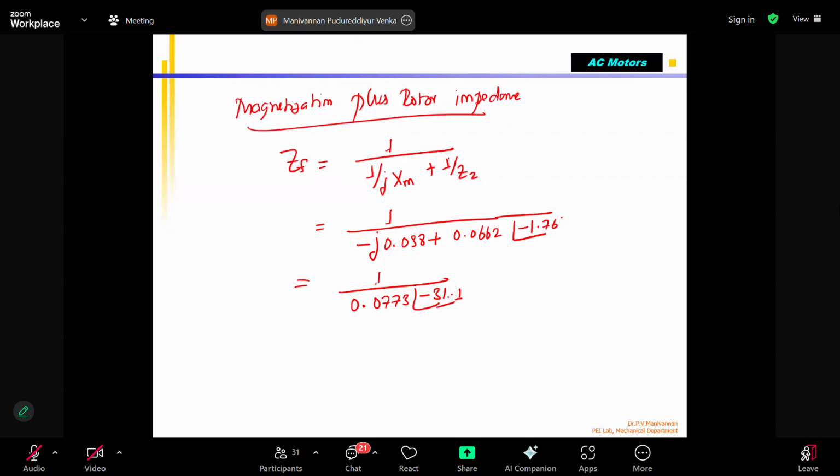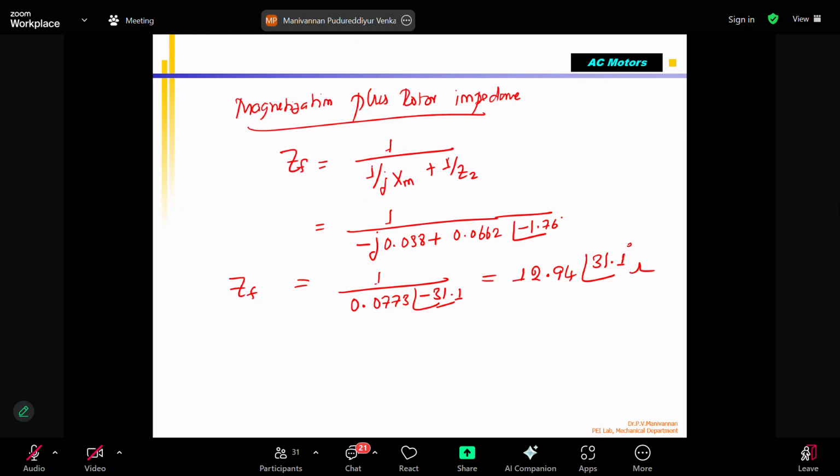Finally in polar form this is 12.94 with an angle of 31.1 degrees, so many ohms. This is the ZF.